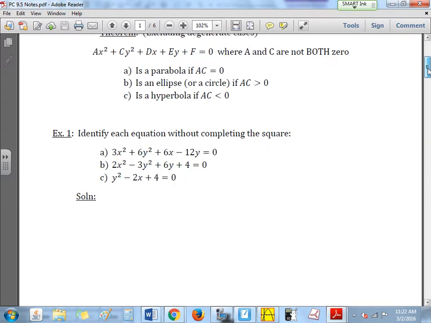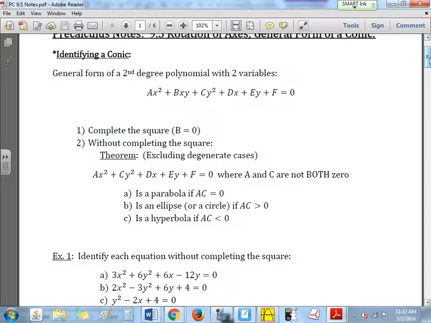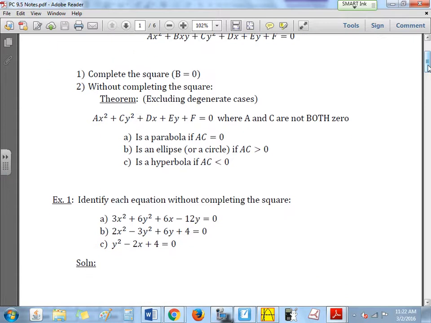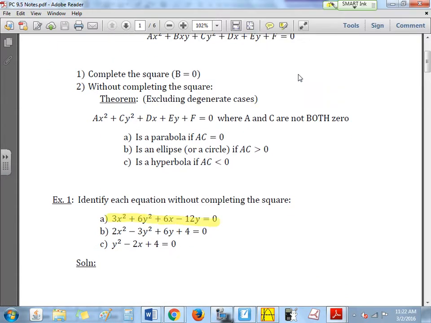Now, before we can do any new skills at all, we need to kind of talk about some old skills real quick. We already discussed this earlier, I think. It wasn't in the book so far, but I put it in the notes. You might remember me saying something like, the reason we know this right here is an ellipse, in example 1a, is because the A is 3 and the C is 6, and those have the same sign.